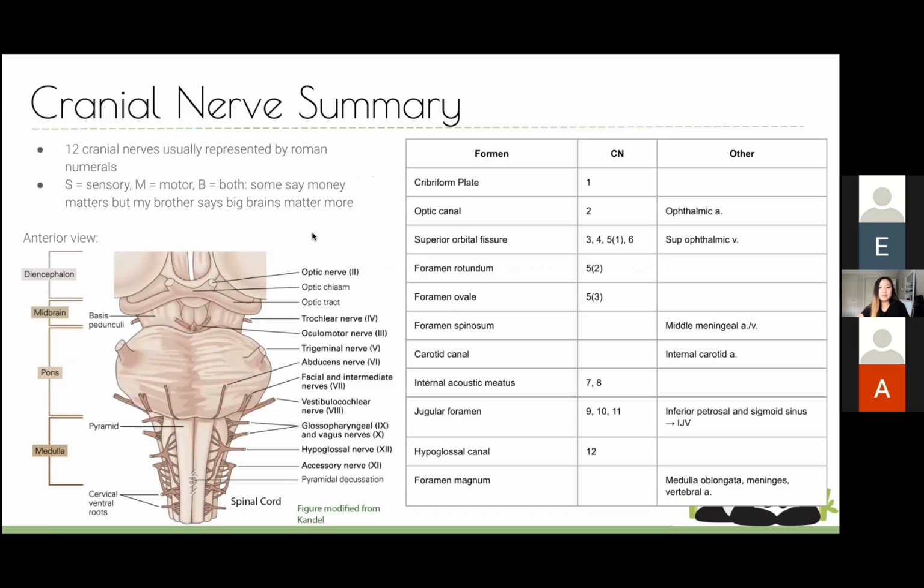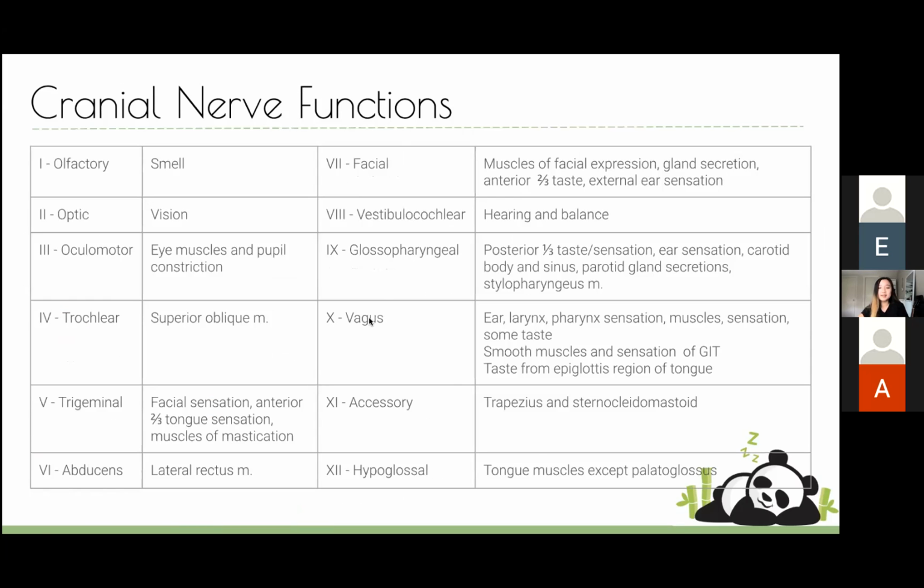This is a cranial nerve summary. You've got 12. They can be sensory or motor. And this is a summary of their functions, curated by the lovely Alina. Running through them, your first cranial nerve, the olfactory nerve, is in charge of smell, easy peasy.